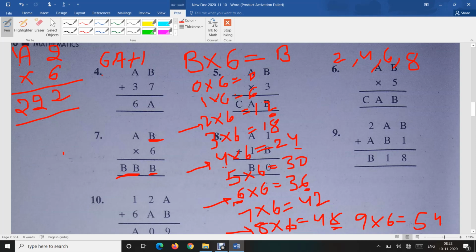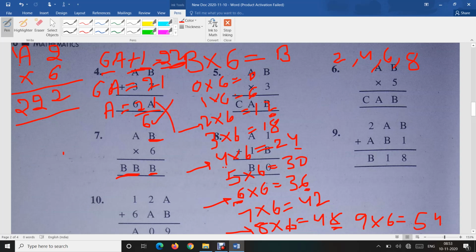Then 6A plus 1 should be equal to 22. Is it possible? Because then 6A is equal to 22 minus 1, which is 21. Then A is equal to 21 divided by 6. 6 can never completely divide 21 because 21 never falls in the table of 6. So this condition will not be satisfied.